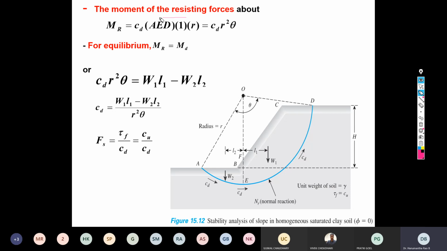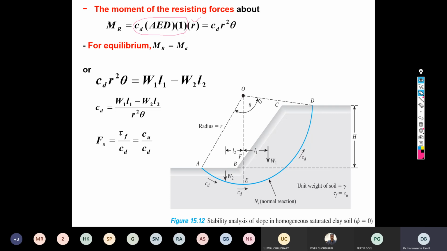So this entire thing will become the force component, and multiply this force component with the lever arm distance. One can determine the arc length.